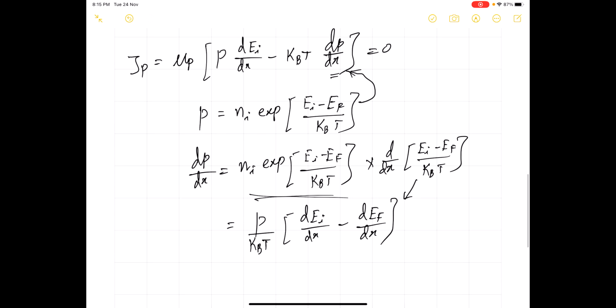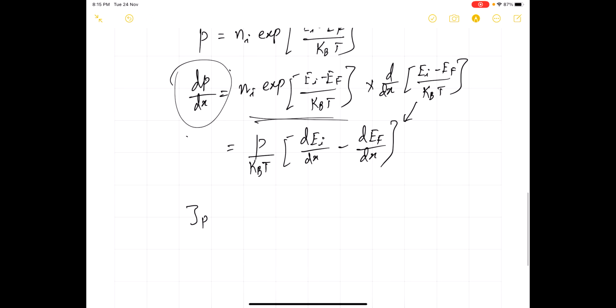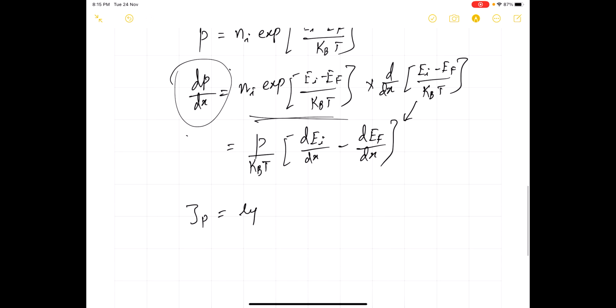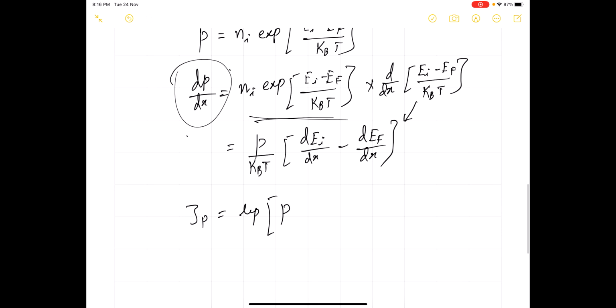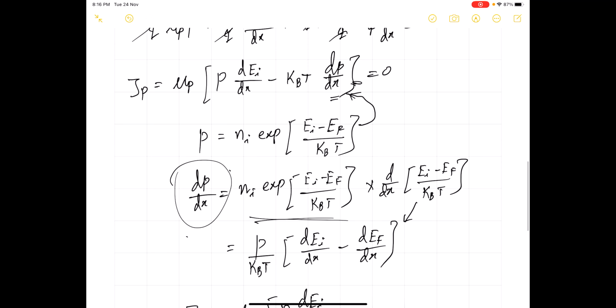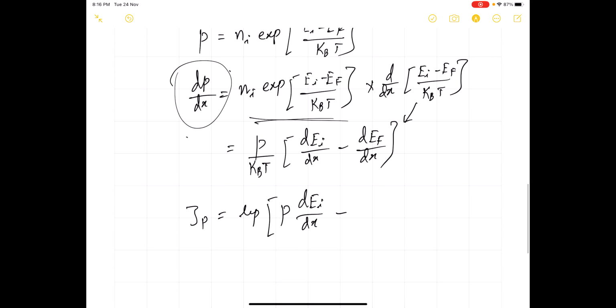Now we put this back into the current expression and see what comes out. Jp is equal to mu p into p dEi by dx, and kBT and kBT cancel, so basically minus p into dEi by dx plus p into dEf by dx.